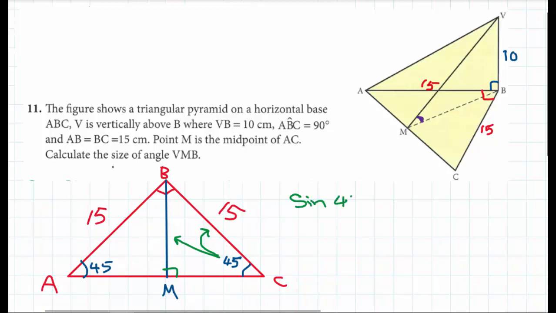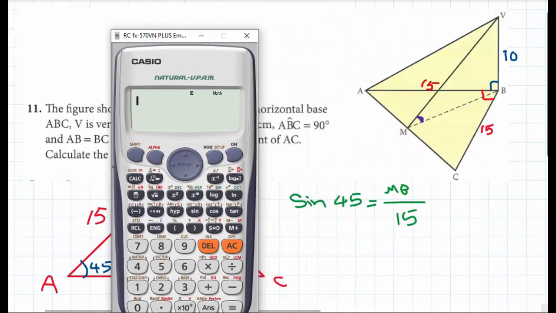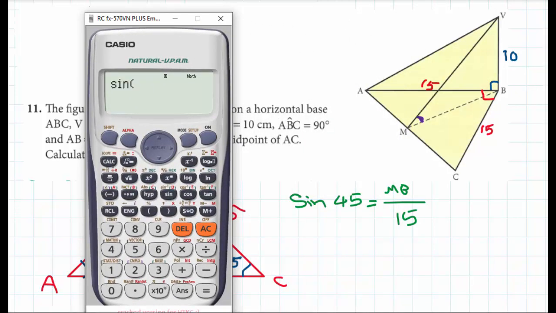Now sine of 45 is equal to opposite, which is MB, missing, over 15. Now using a calculator, sine of 45 is equal to this decimal, 0.707.